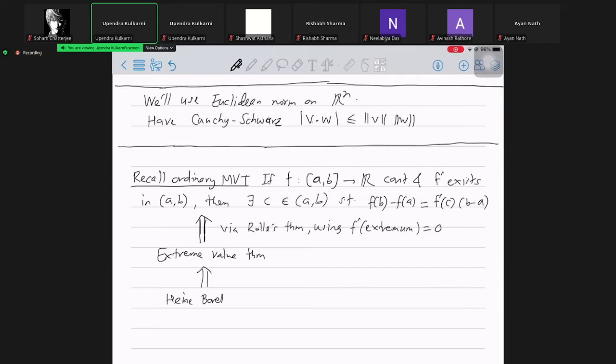And so I don't know what proof you have in mind, but what I'm saying here is that the closed interval is compact and f is continuous. That means that f of this thing is compact in R, and being compact in R, what does it mean? This is closed and bounded.